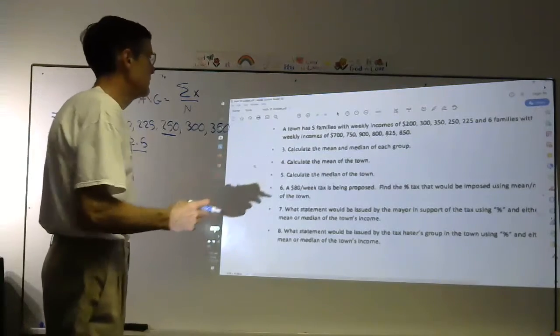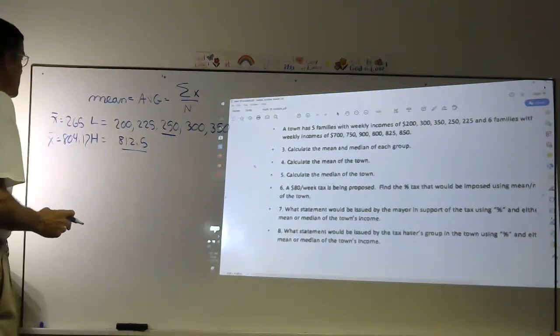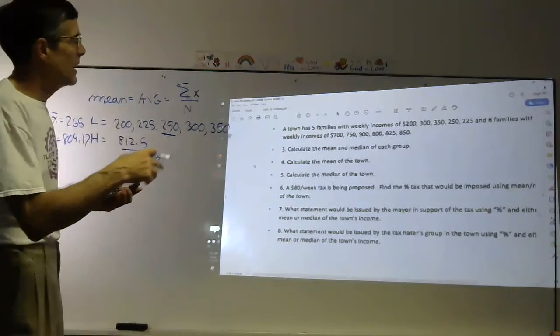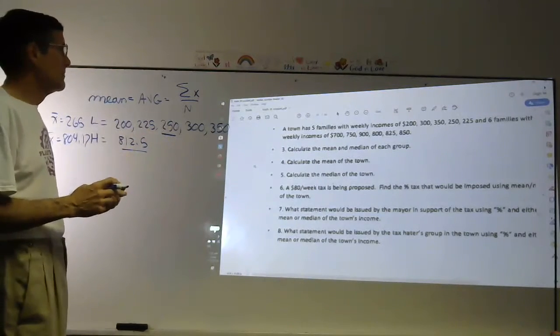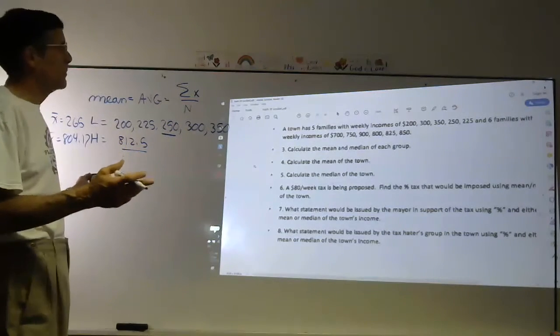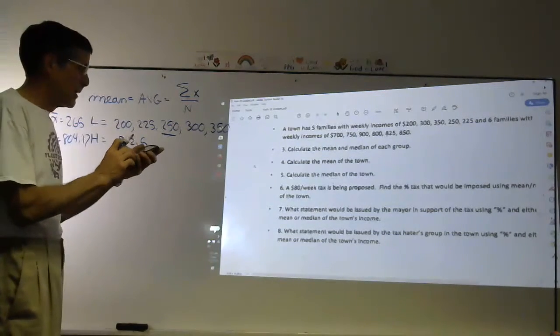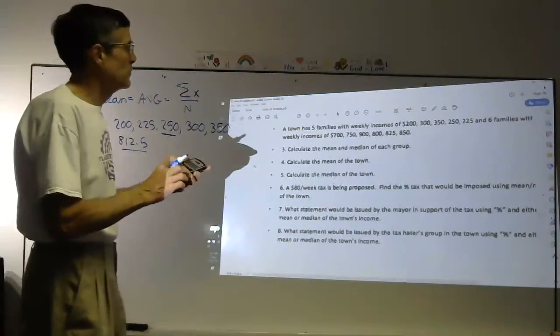Now, how about the mean of the town? The mean of the town, you need to add them all up and divide by 11, okay? There's actually another way you could do that, but let's just add them all up and divide by 11, just so I don't confuse anybody.